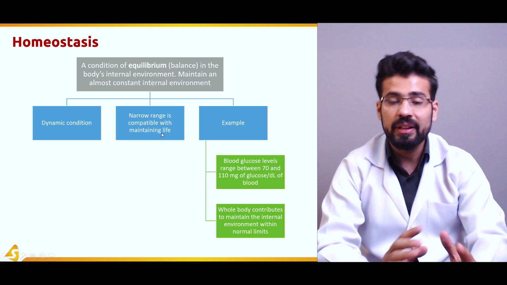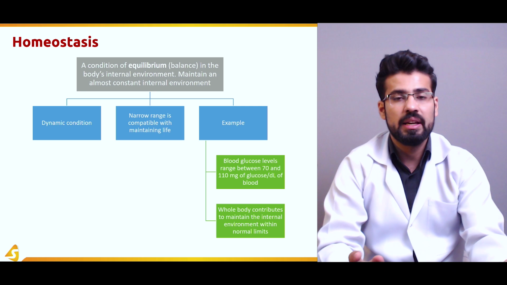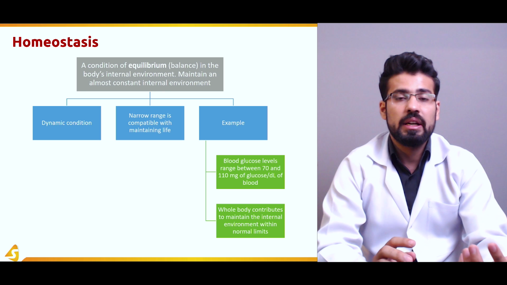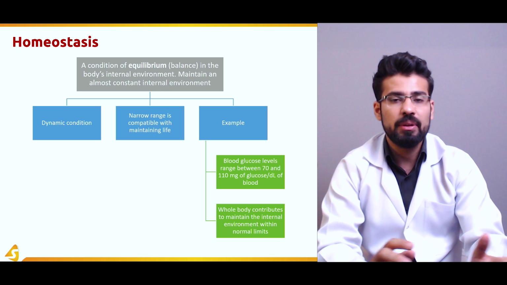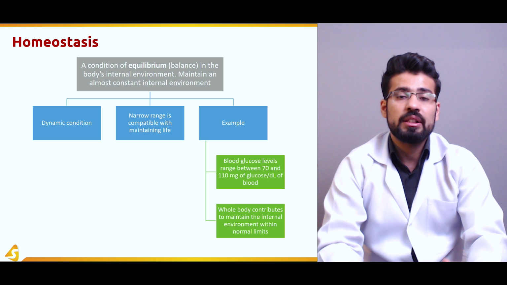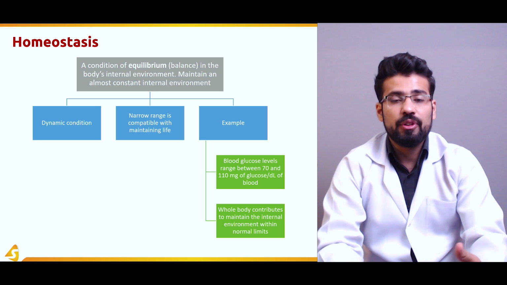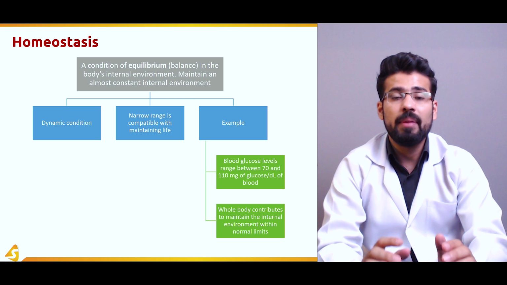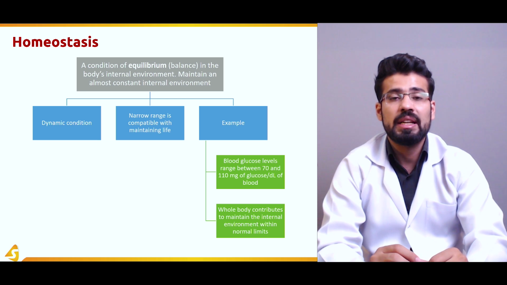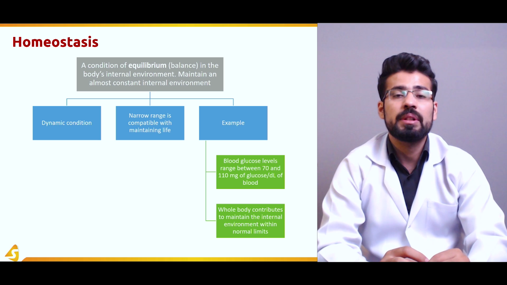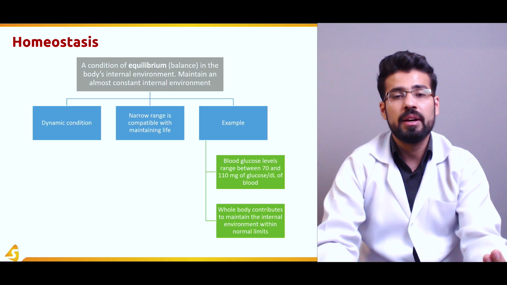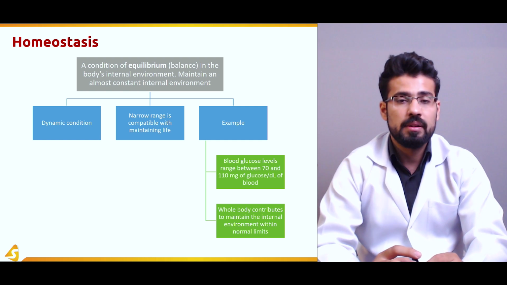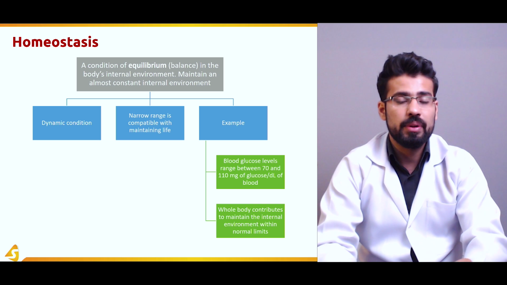For example, let's take an example of a change in temperature. If there is a slight change in the stimulus coming from the external environment, homeostasis will occur to minimize that change. For example, heat is conserved in the winter by the constriction, or narrowing down, of the vessels, capillaries, and arteries.